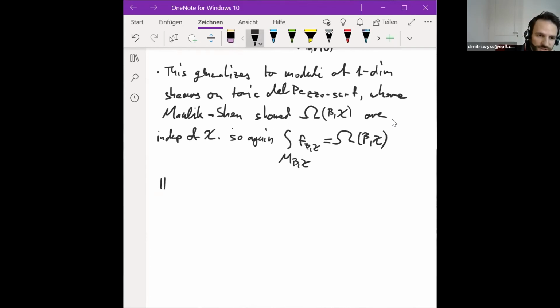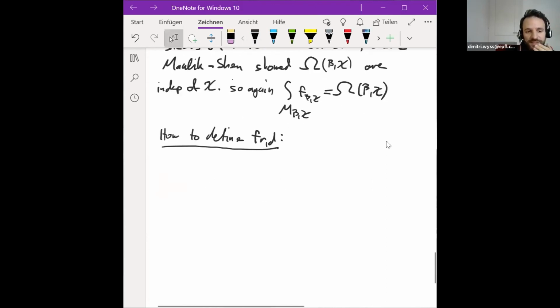So let me just say how to define F, R, and D. What is nice, but also a bit puzzling, is that the construction is very arithmetic. For example, in motivic integration, I don't know how to define it.